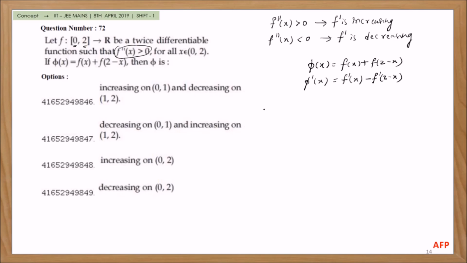This is the first concept you are supposed to simplify: psi of x is increasing, and psi of x is decreasing.